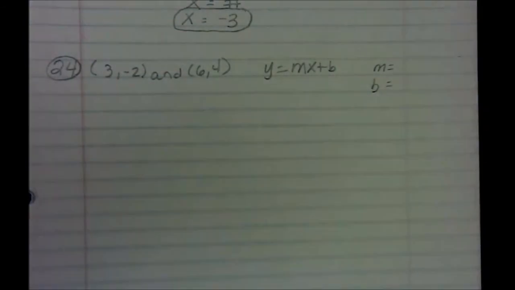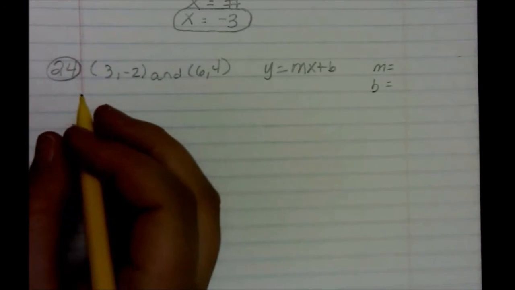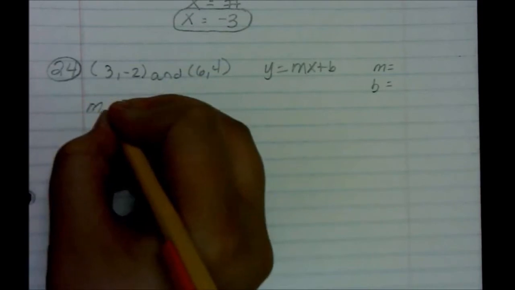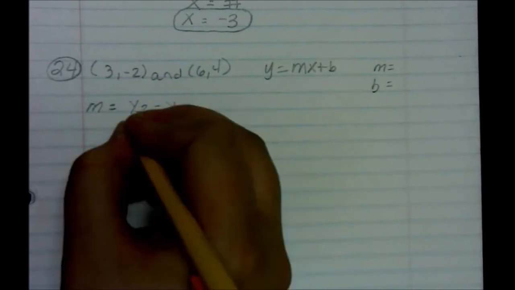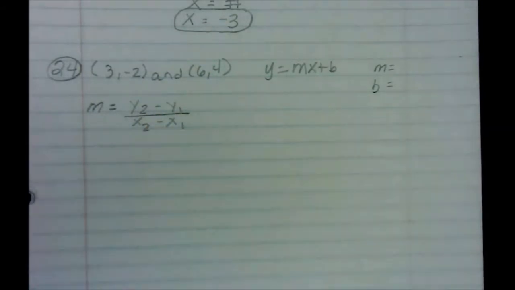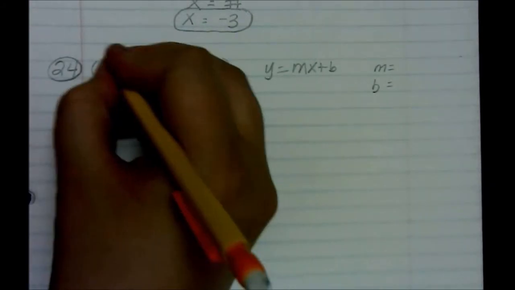So how can we find the slope or y-intercept when they give us two pairs of points? So if we remember in section 3.2, when we discussed the slope of a line, we learned that there was a formula for that. We find our slope when we have y2 minus y1 divided by x2 minus x1. That's what we're going to do here to find our m. So first thing you do is identify your x's and your y's.